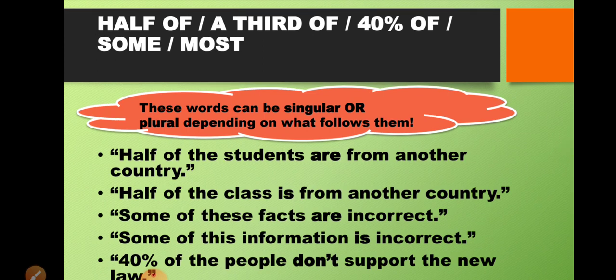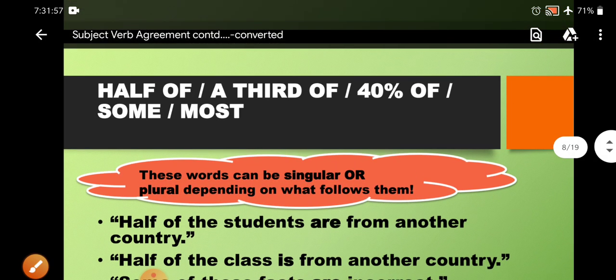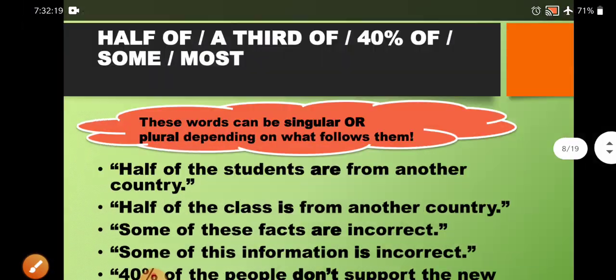See, half of, a third of, number of. We did it so well. So just to revise, while doing also, you have to refer to this slide. These words can be singular or plural depending on what follows them.